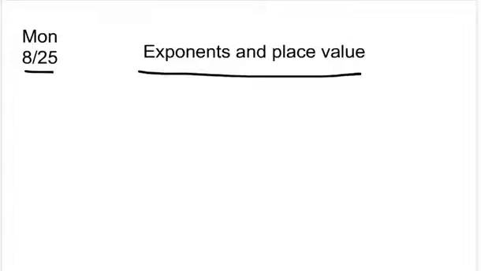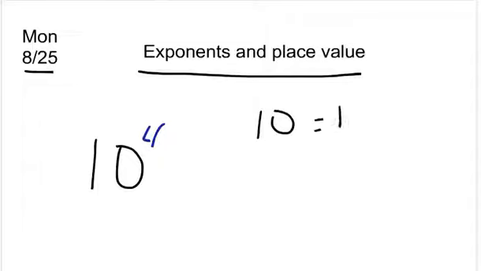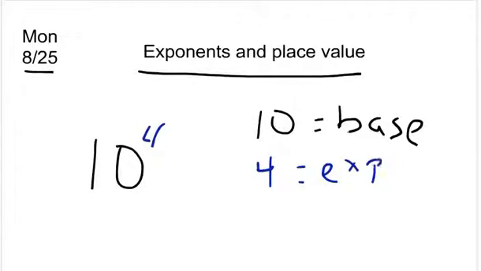And exponents are numbers that are written up above numbers to tell you something that you want to do with a number. So if we say we have 10 to the 4th, then what we know is that 10 is the base, and 4 is the exponent or the power.